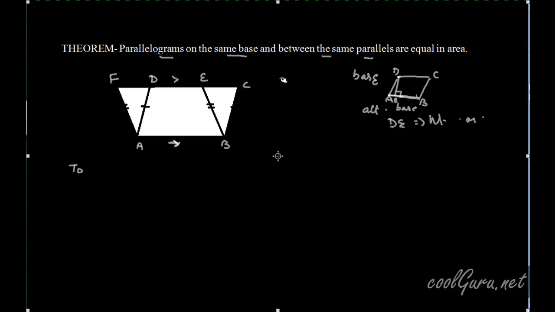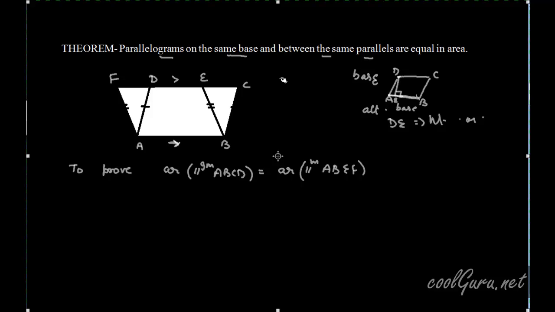We have to prove that the area of parallelogram ABCD is equal to the area of the second parallelogram ABEF, which is on the same base AB.